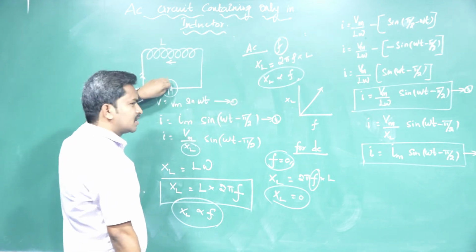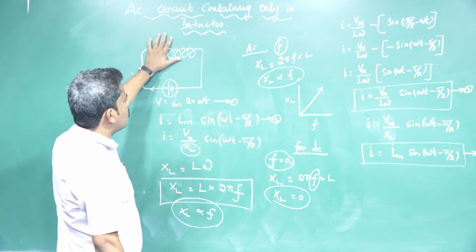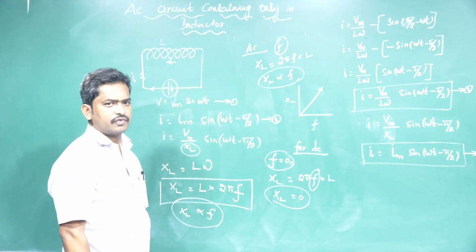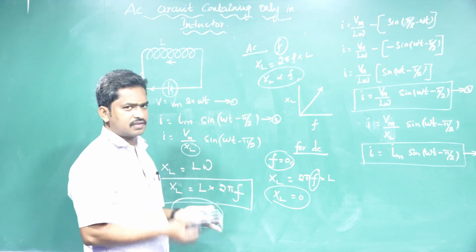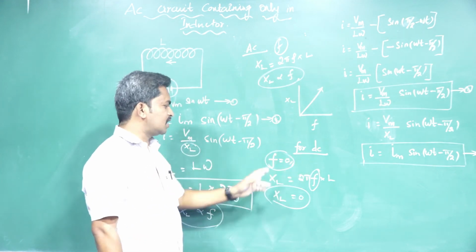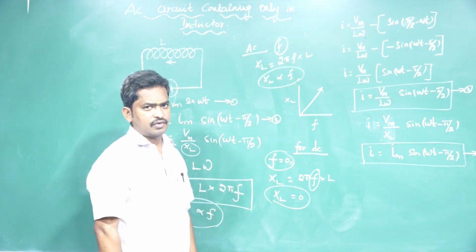What happens in a DC circuit? In a DC circuit frequency is 0, so reactance is 0. The inductor acts as an ordinary resistor for a DC source. So for DC, f is equal to 0, that's why reactance is also 0.